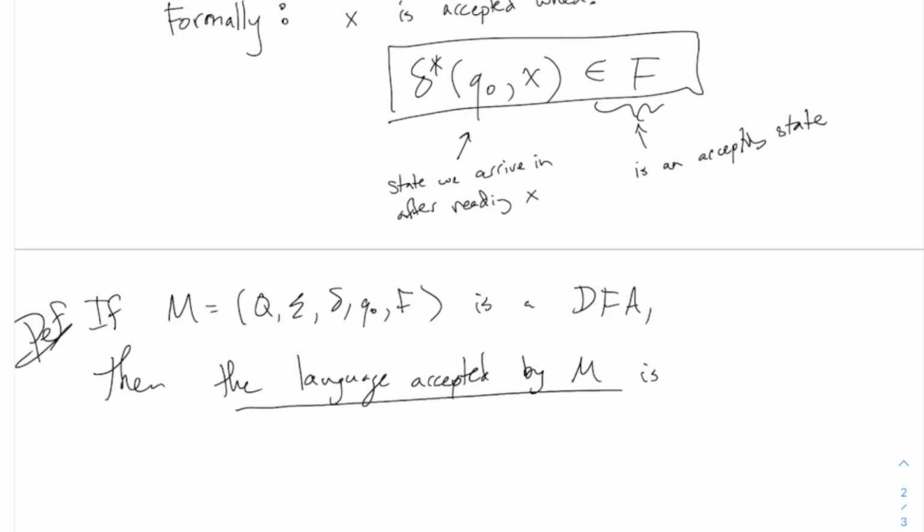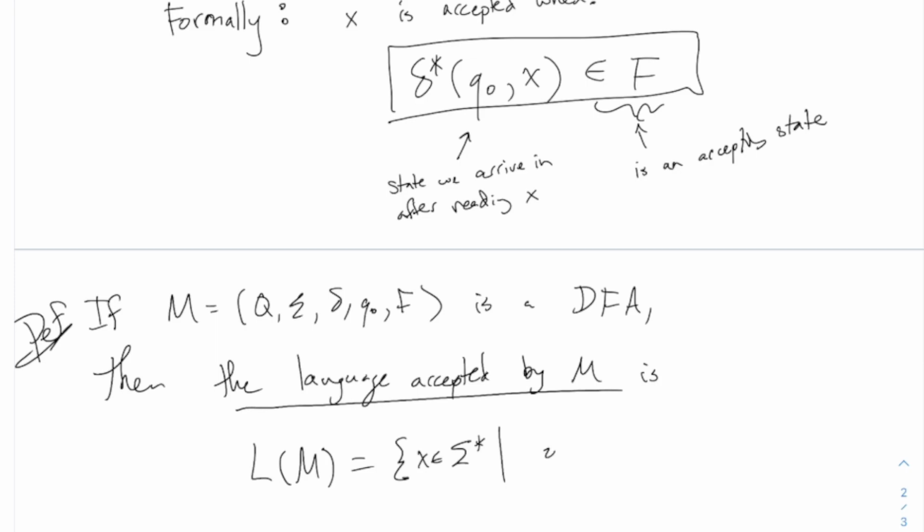It is L of M, the set of all strings which have this property in the box. So I'm going to say the set of all X in sigma star, that is any string over the appropriate alphabet, such that, and now I'm just going to write what it says in the box.